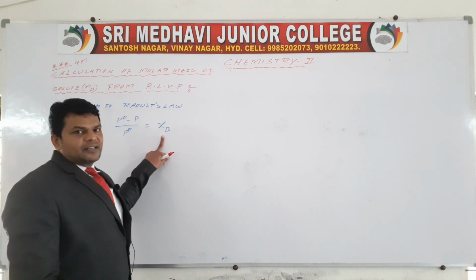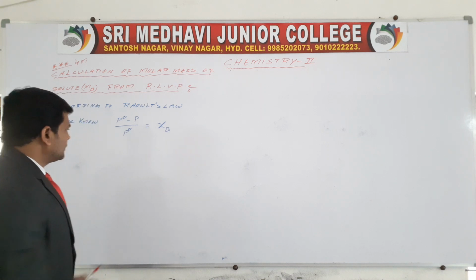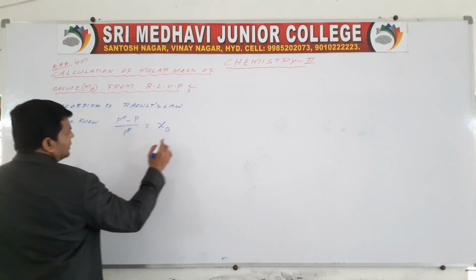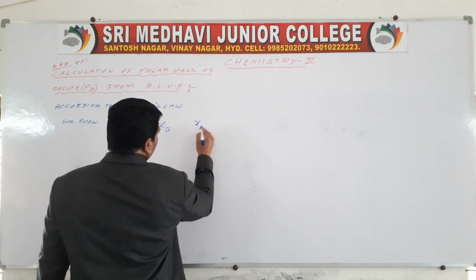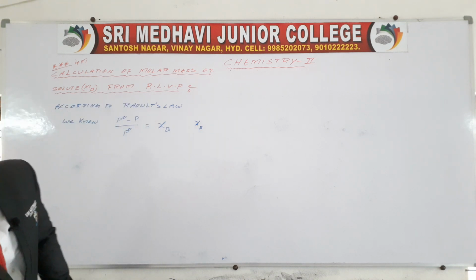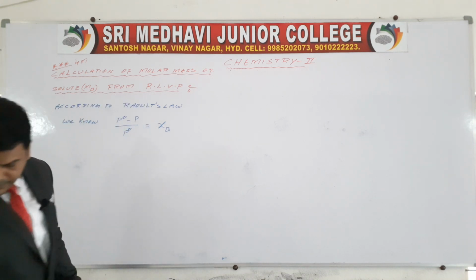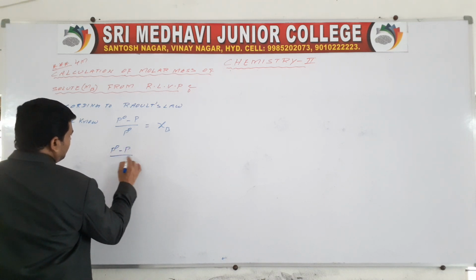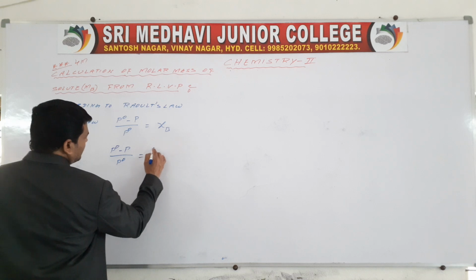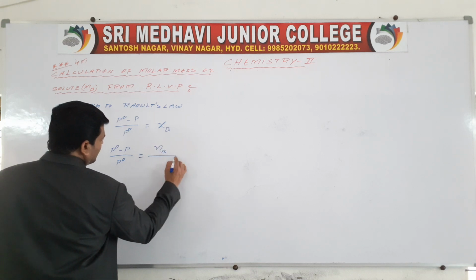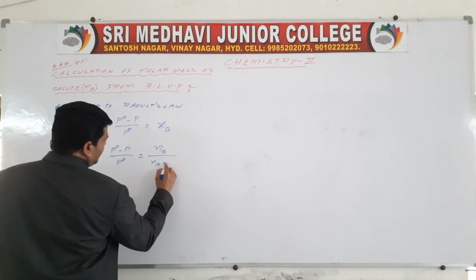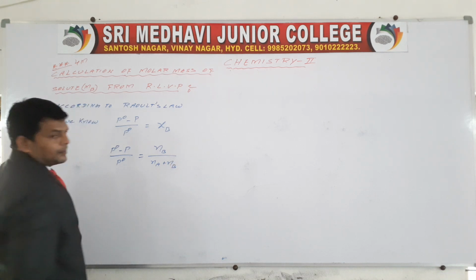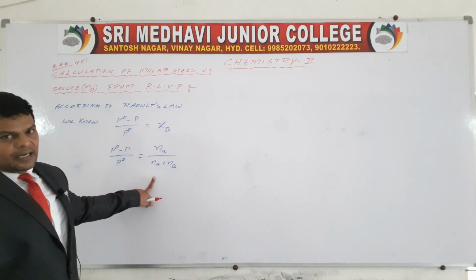XB means mole fraction of the solute. Then XB equals, what we write? P naught minus P by P naught equal to NB by NA plus NB. In the place of XB we may write like this.